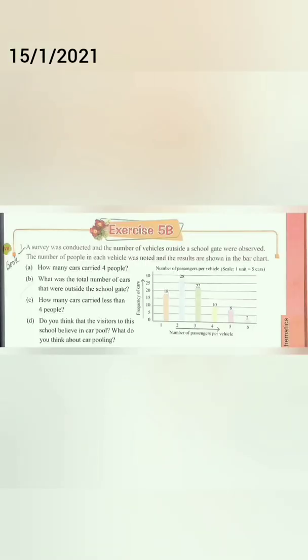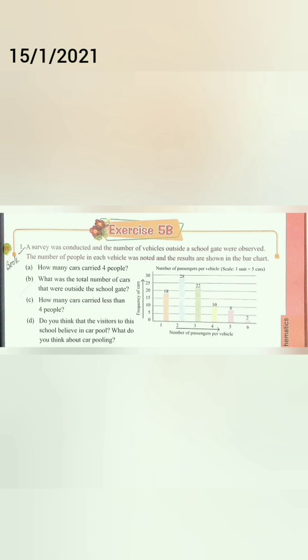Now open page number 95, question 1 of exercise 5b, in which we will read the bar graph to answer the following questions. Question 1 is, a survey was conducted and the number of vehicles outside a school gate was observed.